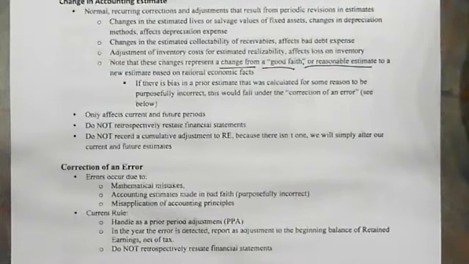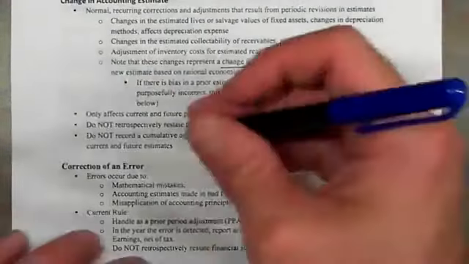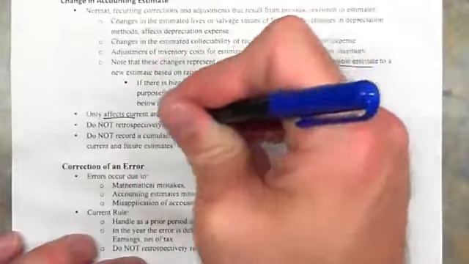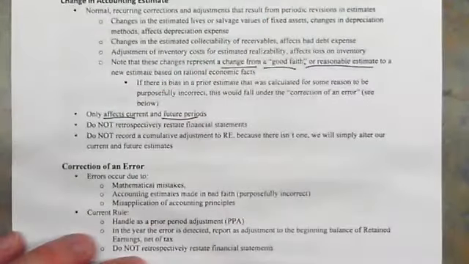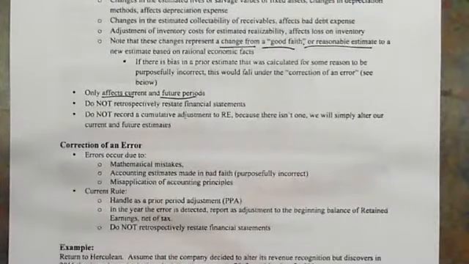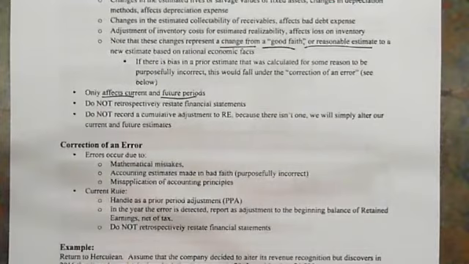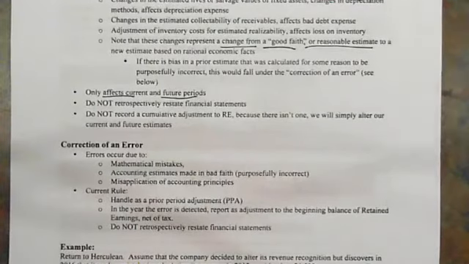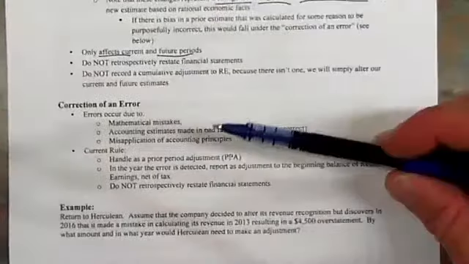The nice thing about a change in accounting estimate is it only affects current and future periods, so there are no retroactive restatements, no cumulative adjustment to retained earnings, because all we're going to do is change going forward. So it only affects this year's net income, because we're changing it this year, and future net income.